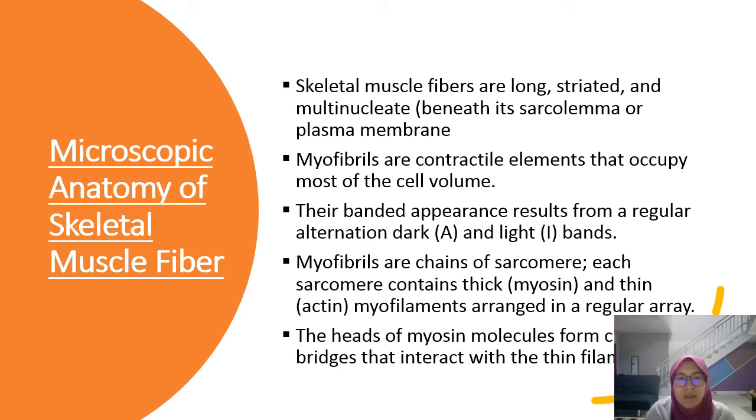Okay. So it has a banded appearance from alternating dark A and light I bands. Okay, it has gelap cerah bands. Dark A and light I bands. Why does it become dark and light? Okay, I will explain it later.